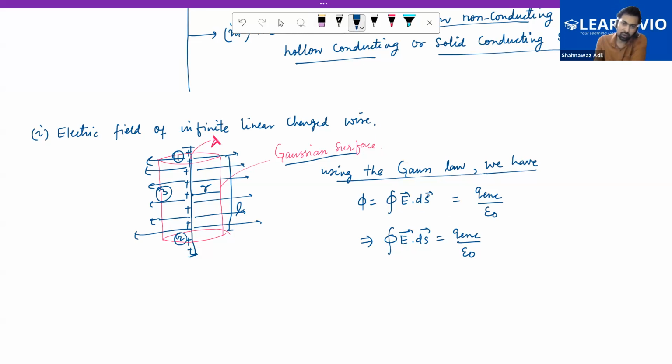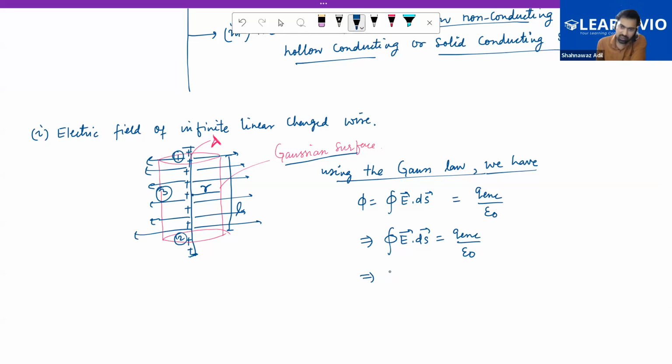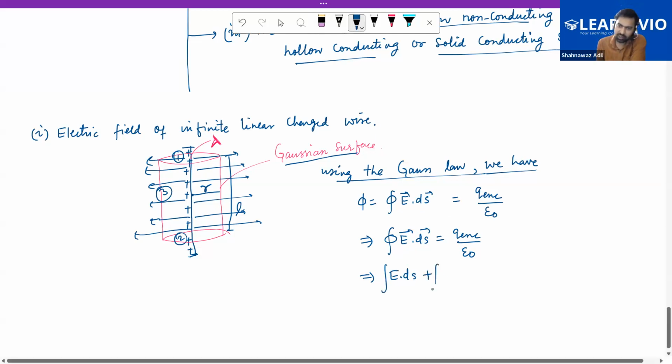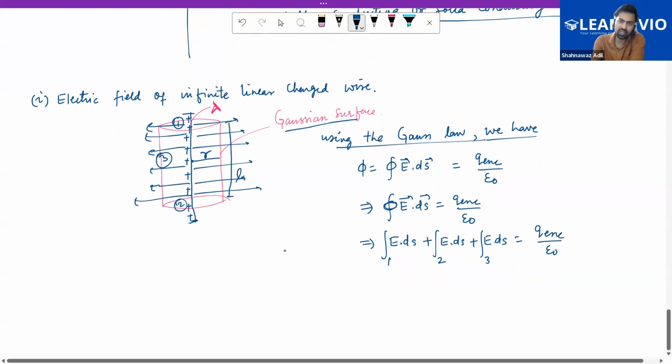This closed integral of E dot ds has three parts: E dot ds 1, E dot ds 2, and E dot ds 3. So there are three contributions. We have changed this closed integral into three surfaces, right? Is it clear?